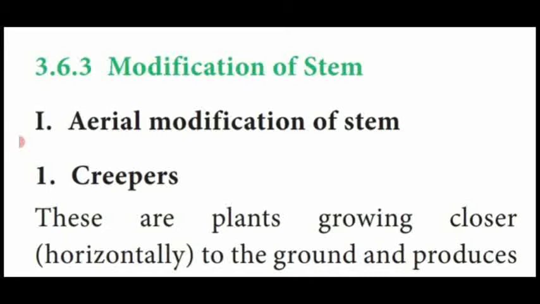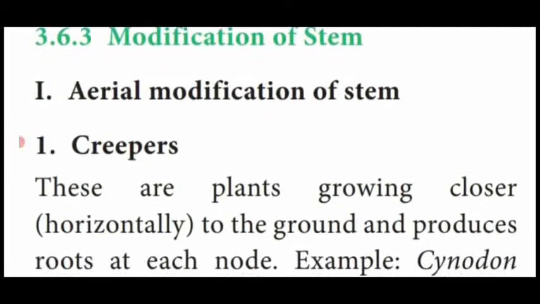In some plants, the stem stores food material or watery substance, and the shape of the stem is modified into different shapes and performs different functions. Those are known as stem modifications.